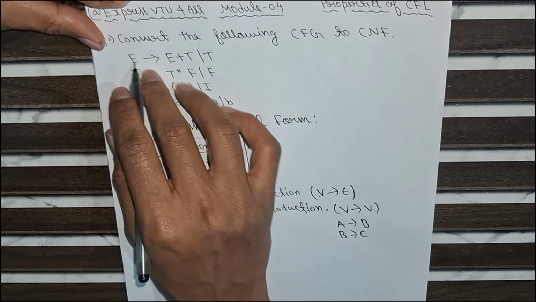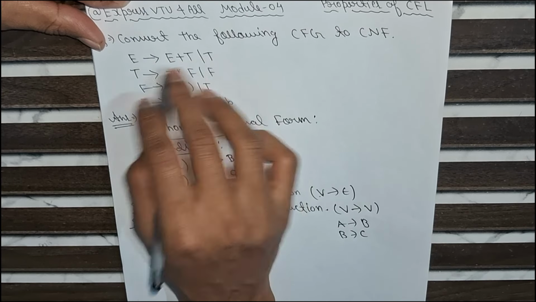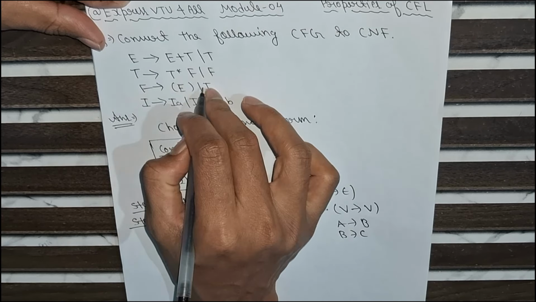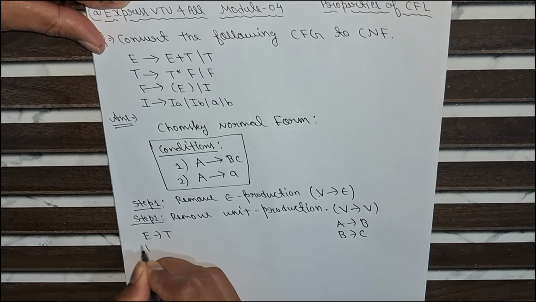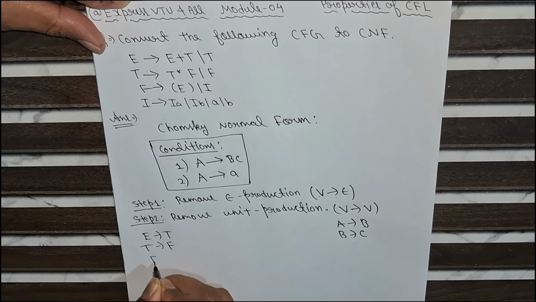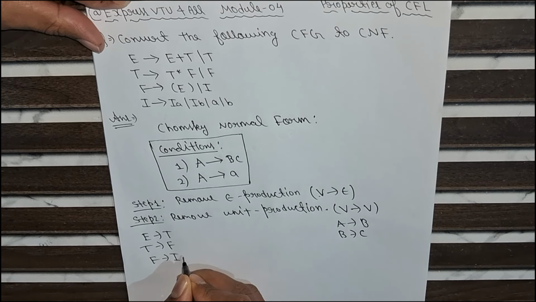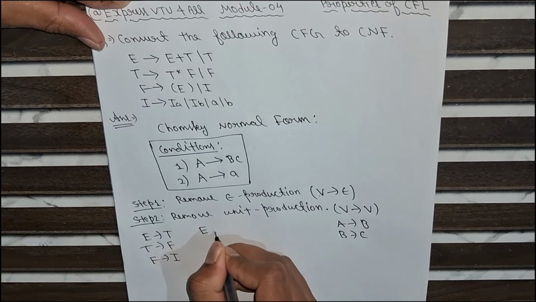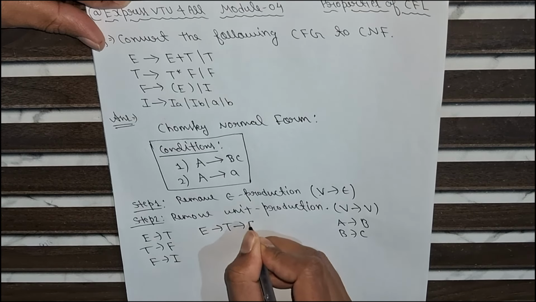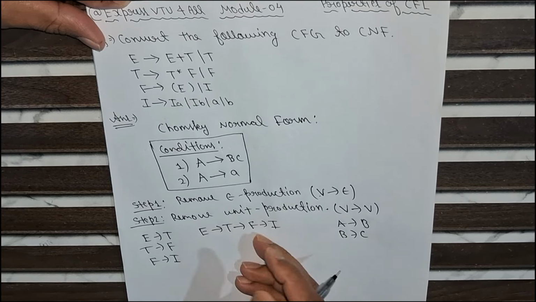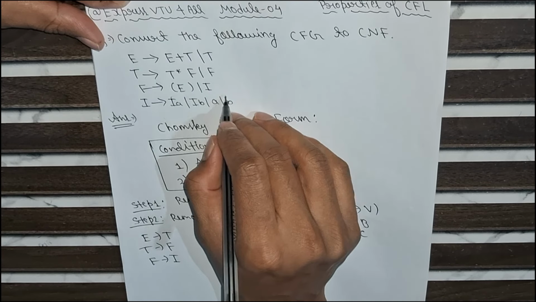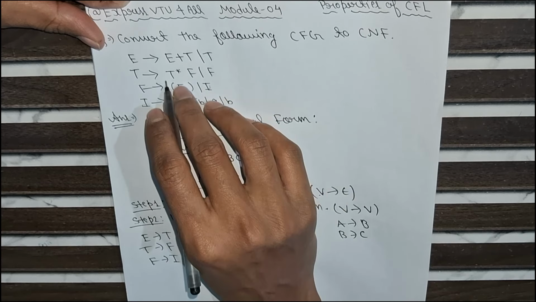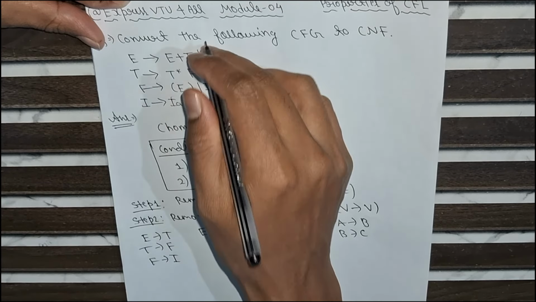From the grammar you can see that E implies T, T implies F, and F implies I, which means E to T, T to F and F to I are accessible. We can backtrack this. We put the whole value of I here, and the whole value of that here, like this from here to here.